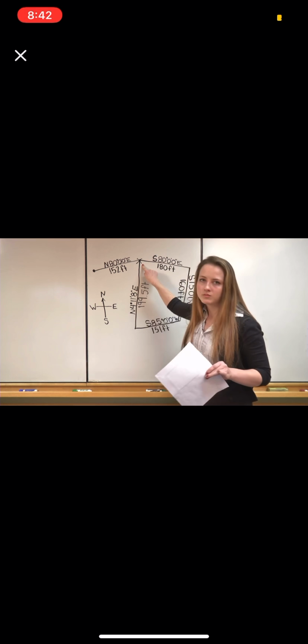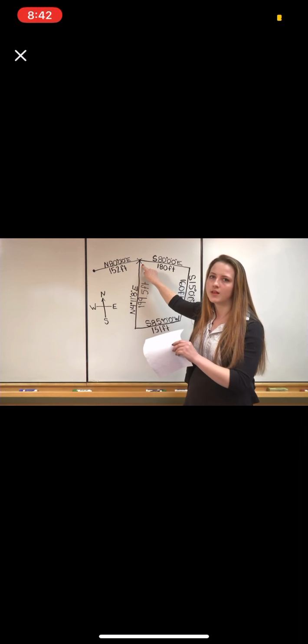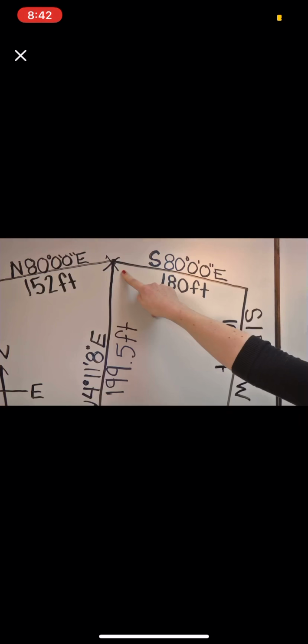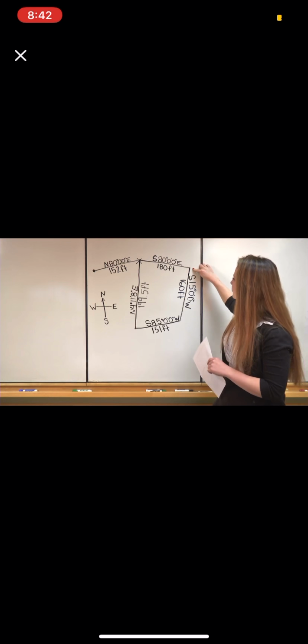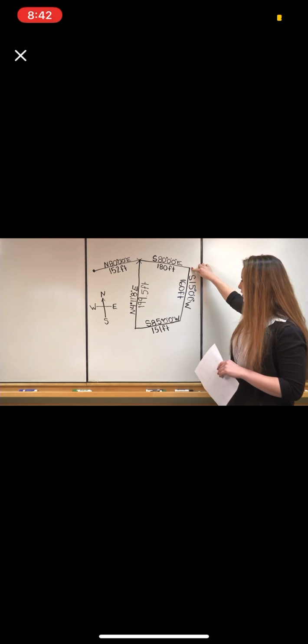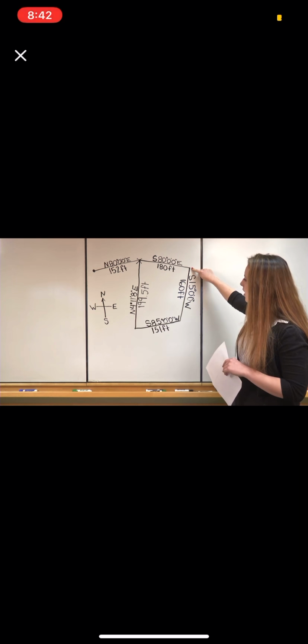In this method of describing real estate, you start at the point of beginning, you walk all the way around the lot, and you end at the point of beginning. In our description, we're going to go southeast at 80 degrees for 180 feet. Then, at 15 degrees southwest, we're going to walk 160 feet.